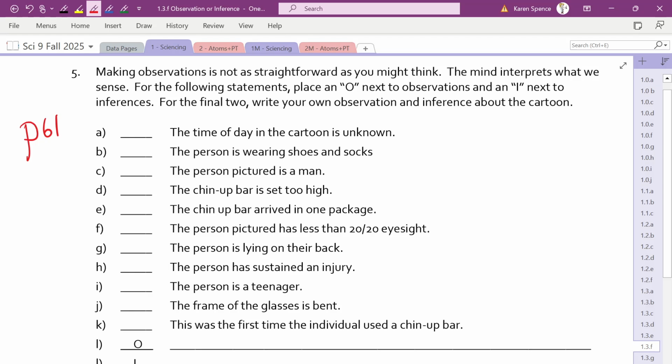My inference for that is that... I think that's an inference.